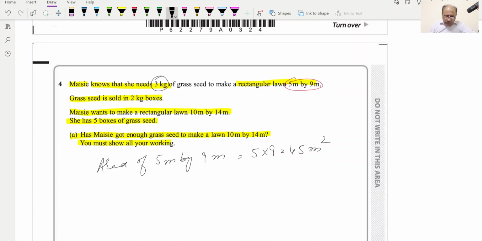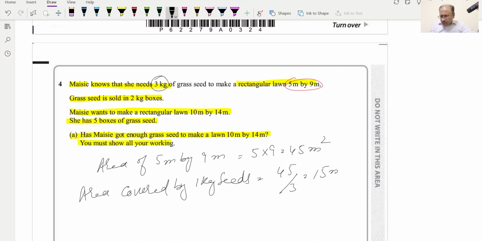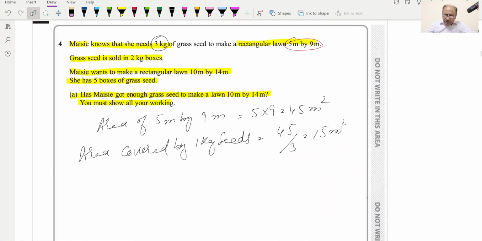Now the area covered by 1 kilogram will be how much? Area covered by 1 kg of seeds will be equal to 45 divided by 3, and this will be equal to 15 meters square. So 15 meters square area is covered by 1 kilogram of seeds. Now we have a lawn of this much area.